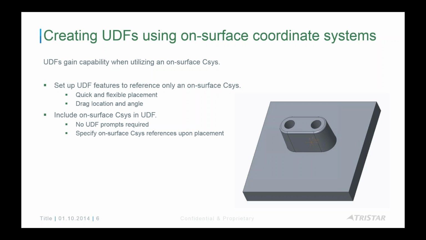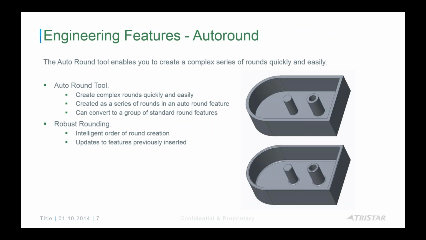Some of the other features that we're going to discuss today, first of all, is the Autoround tool. This enables us to create a complex series of rounds very quickly and easily. These rounds are created as a series of rounds in the feature itself. Afterwards, we can convert the round to a group of standard round features if we want to edit them individually.